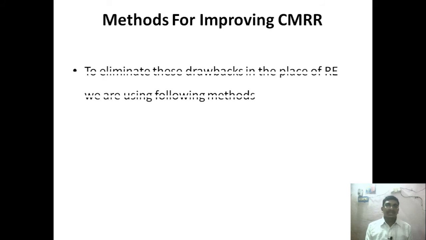In order to eliminate these drawbacks, in the place of RE we can use the following methods. As we have problems by increasing RE, we are going for alternative methods to increase the RE value without having the drawbacks.